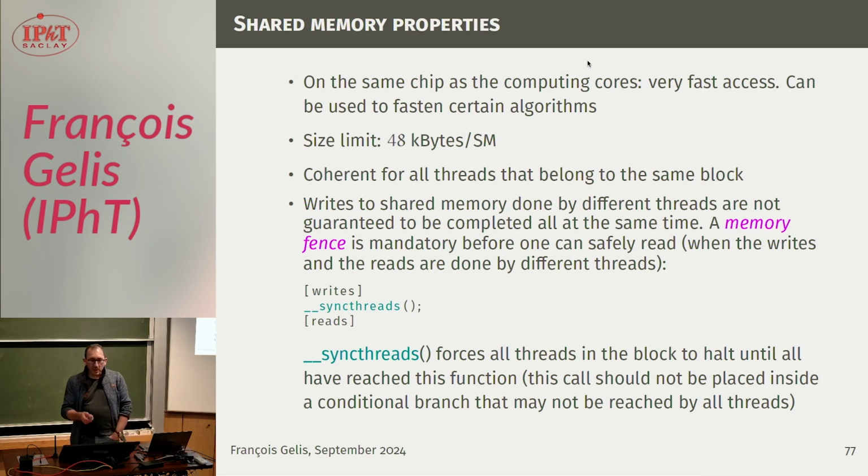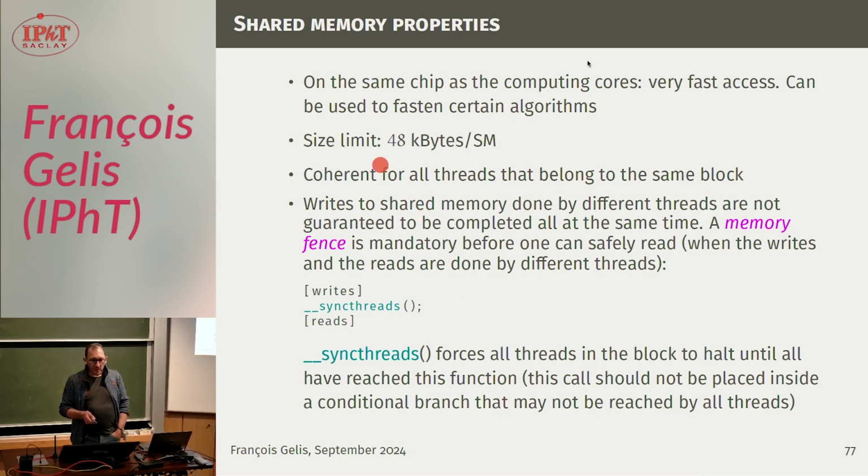So this memory, which is holding the shared memory, is on the same chip as the computing core. It's part of the L1 cache. It's super fast, and it's used for this reason to speed up certain algorithms.